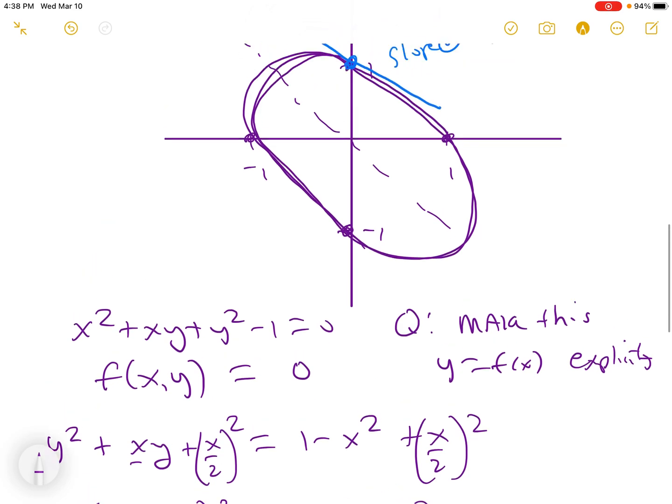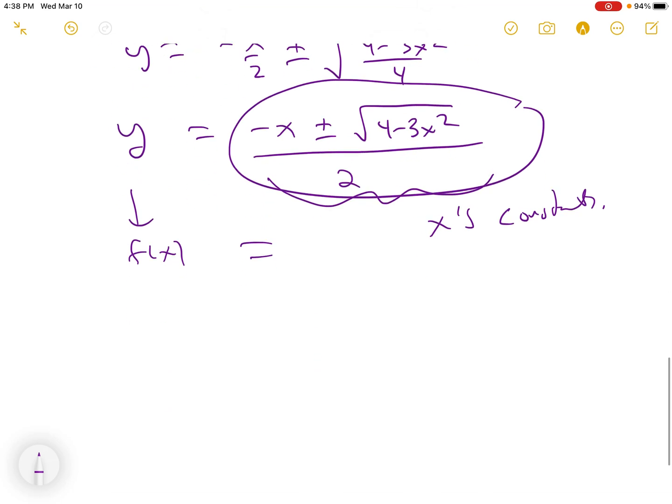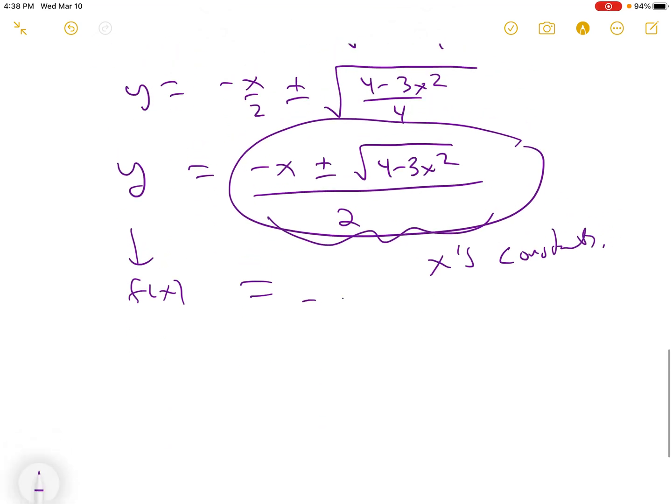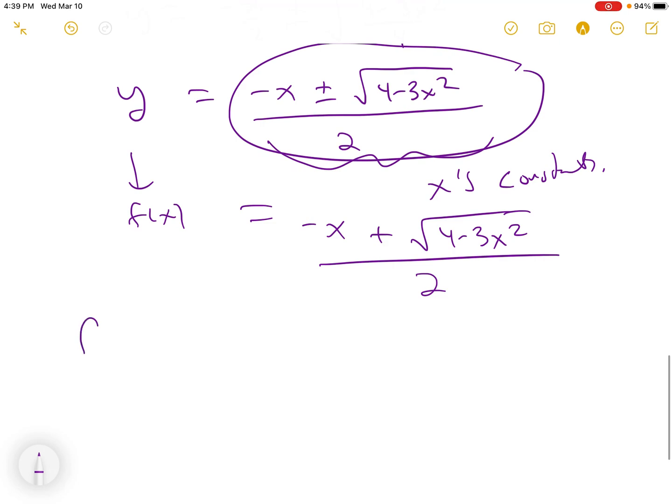One of those two functions is this guy, and the other one is this. So already this sucks because you have to make a choice. So we need to choose, and we choose the positive exponential here. Okay. So to find the slope, you need to take the derivative of this.